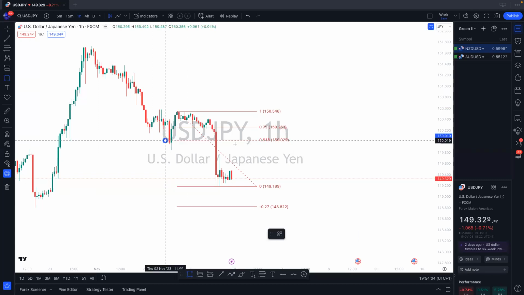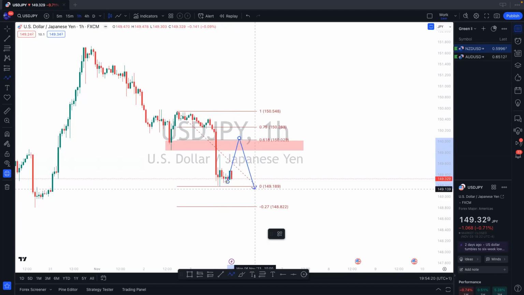And then we actually have this zone here that's before that 0.618 level. This gives it much more credibility in the sense that others are going to be stacked at this zone here. Others are also going to be stacked at that 0.618 level. So by the time price gets here, others might actually be enough to push price down. So what I'll be looking out for is price go back, retest, and then sell to the downside.